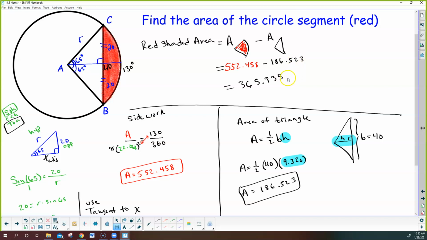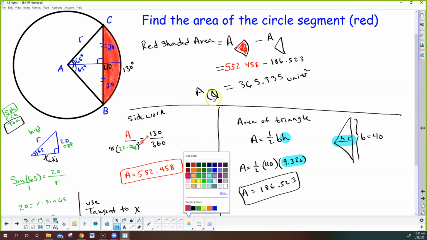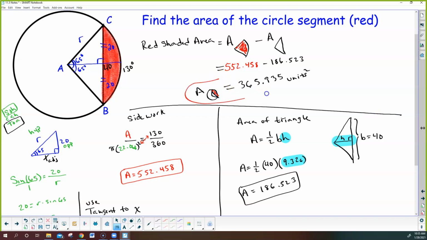And they don't give us units, so the area of that little red sliver is 365.935. I will say this is definitely not drawn to scale.